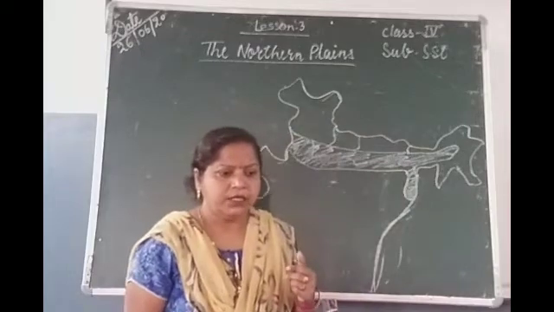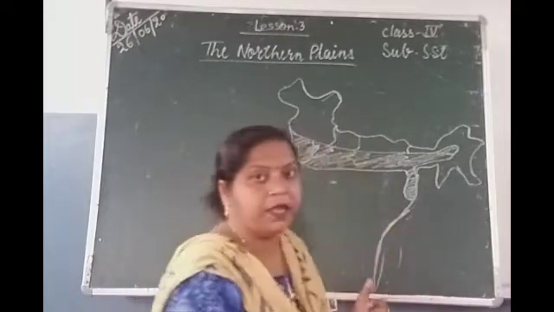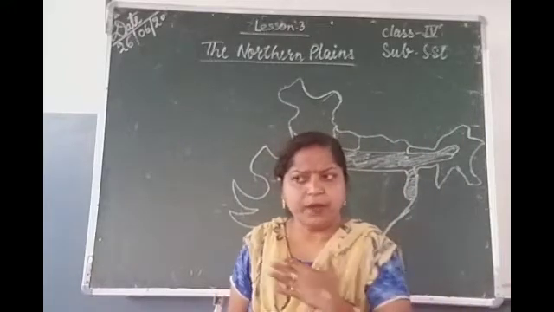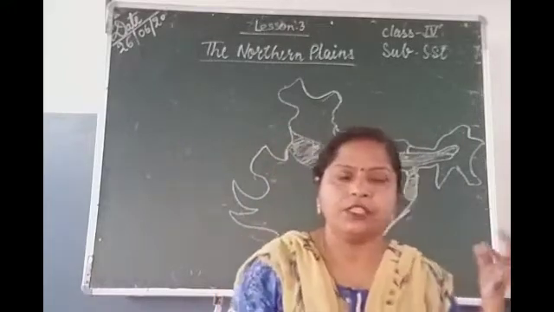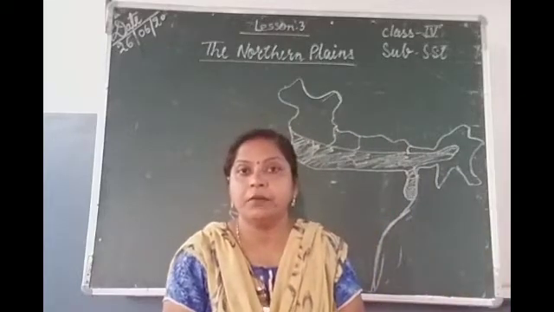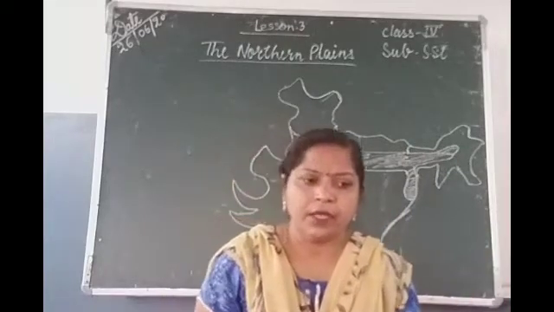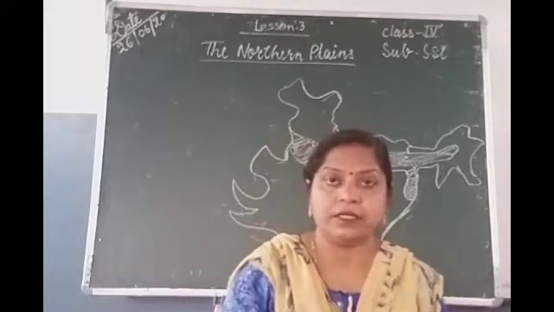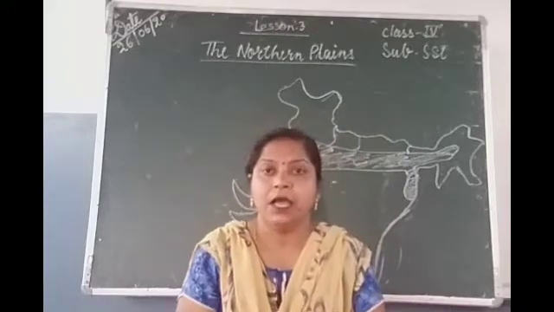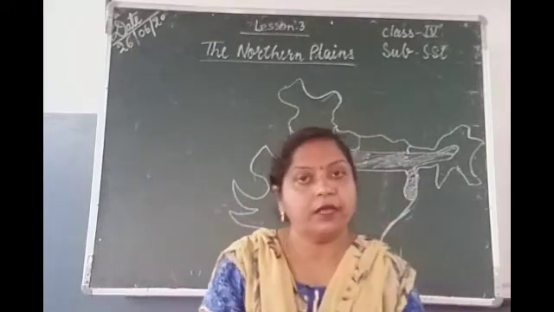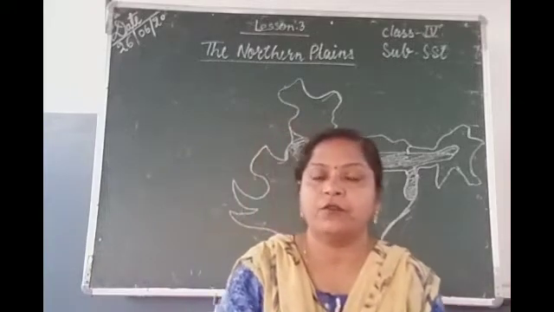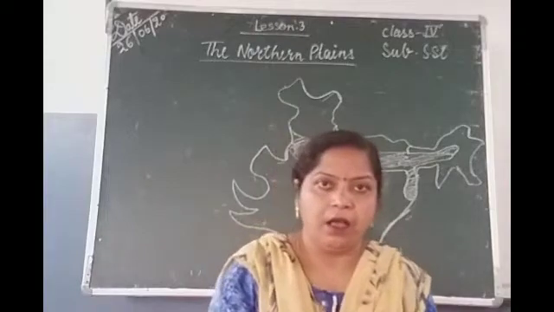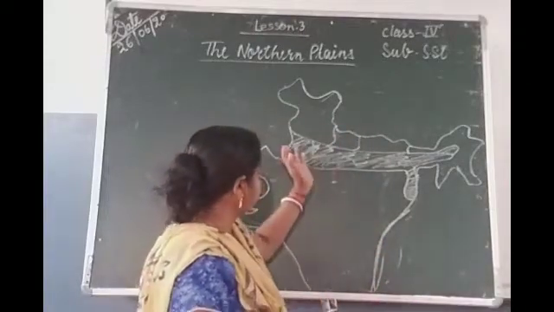So these northern plains are made by the rivers which originate from the Himalaya mountains, and they deposit their silt into these plains, and due to this silt these plains are formed, and these plains are very fertile.